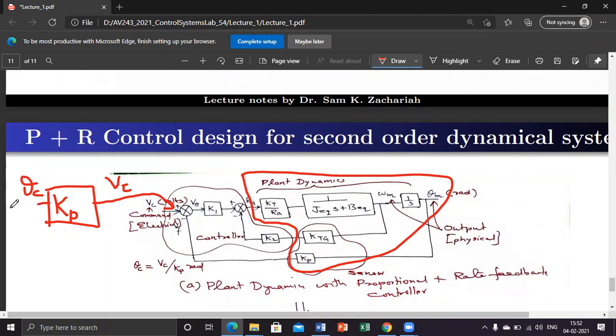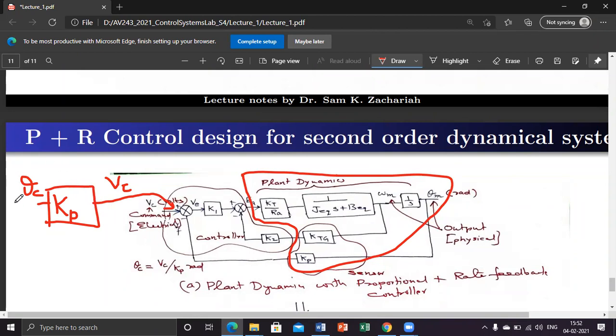But physically, there is no means to give a mechanical deflection. Otherwise, we have to connect a dial, and the dial should be connected to some sort of rotary potentiometer. When you deflect the dial, the rotary potentiometer will give the equivalent output, and if you are using the same rotary potentiometer, then there is no problem. There will be 1:1 mapping from the mechanical deflection command to the actual mechanical deflection what we require.